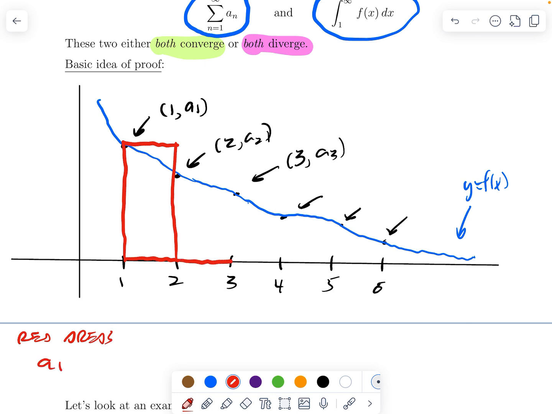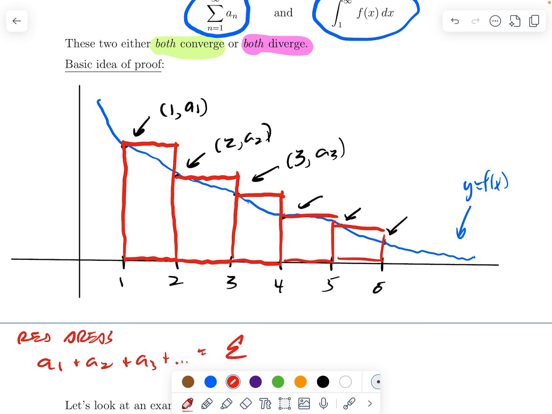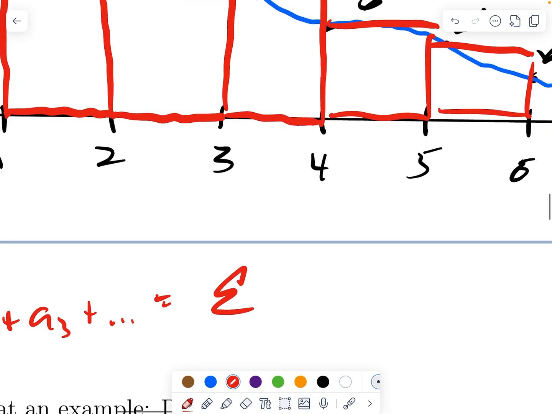And then if I draw this box, it's 1 unit wide, but its height is a2. So its area is a2. And I could keep doing that. So the red areas would be this series, the summation as k goes from 1 to infinity of a sub k.